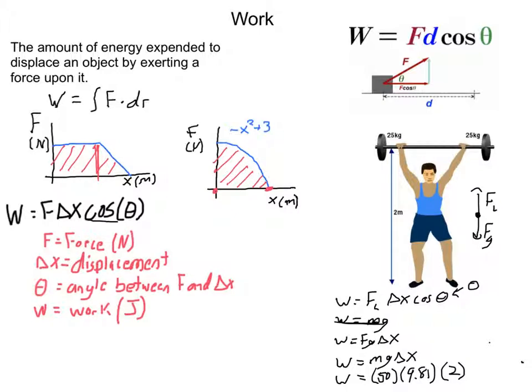Which then, of course, gives me 981, 50 times 2, 100 times 9.81, 981, and I didn't mention this, the unit for work, joules, the unit for work or energy, because you learned that also. And so I'd come out with 981 joules, but it looks like I only have one significant figure, so I'd have to round that to 1,000 joules of work.